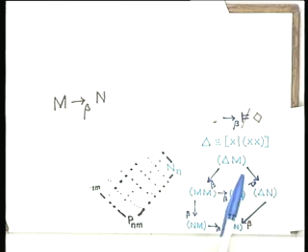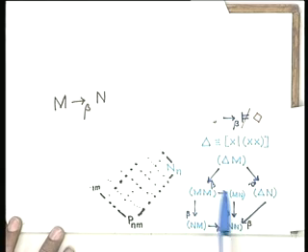However, if instead of choosing the m goes to n reduction, I applied this delta to m directly, then what I get is 2 m's, m applied to m, and now I require at least 2 steps either way to obtain n applied to n.